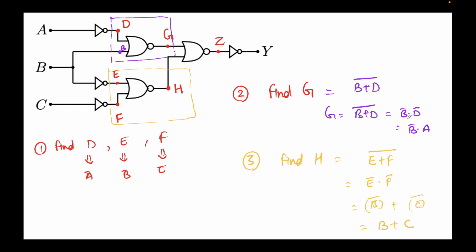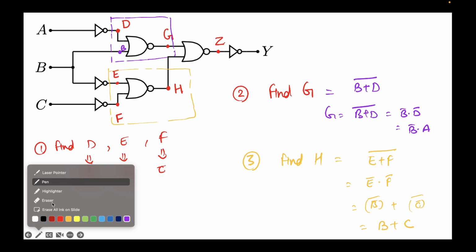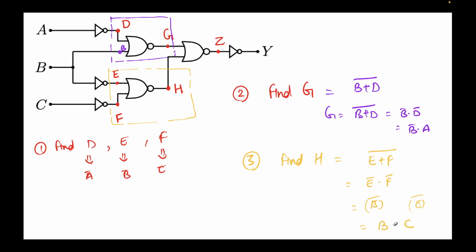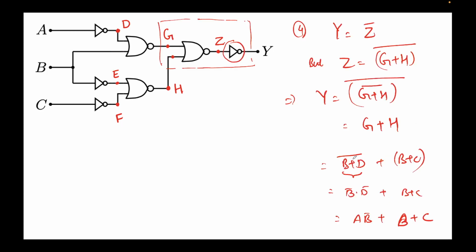This G is correct. All right, H is E plus F whole bar, that is E bar dot F bar. E, so that will be B. Okay, so that was a mistake here. It's multiplication, not addition. This is the dot sign here. Okay, and finally we come here, this is G plus H. Let me do this again. So this is G plus H.